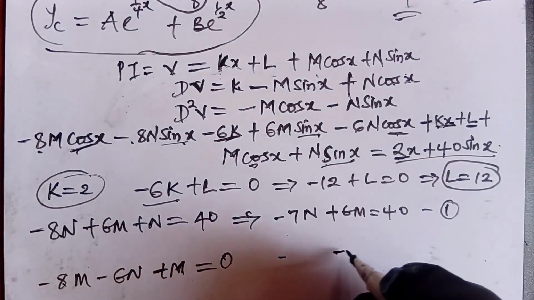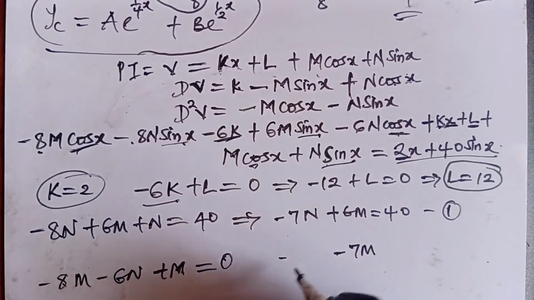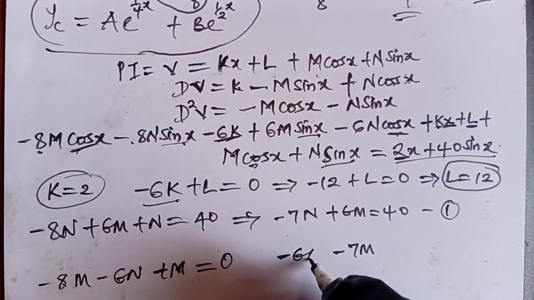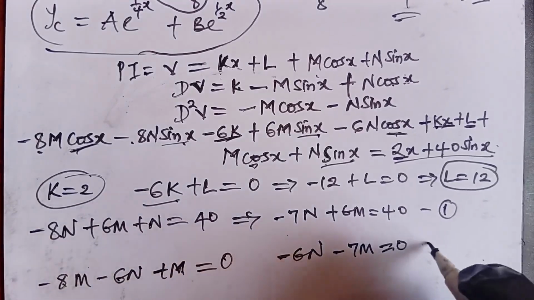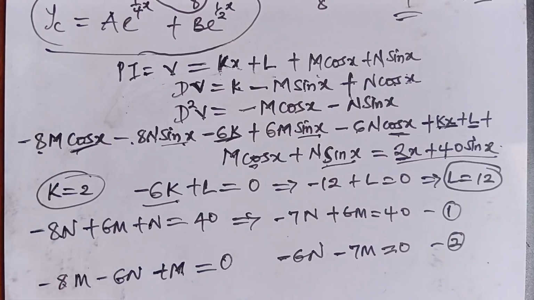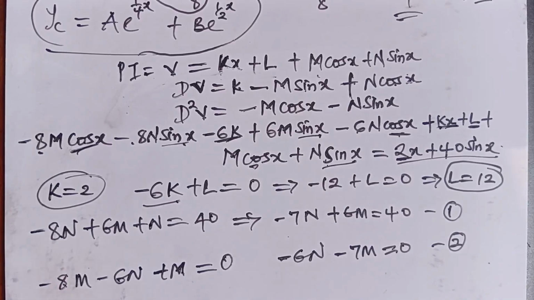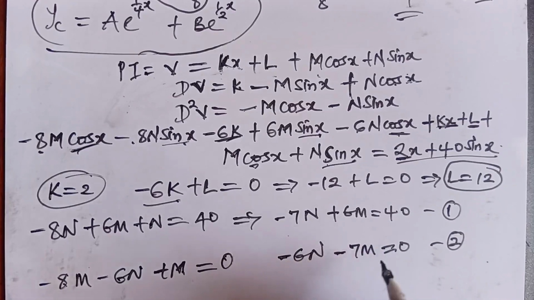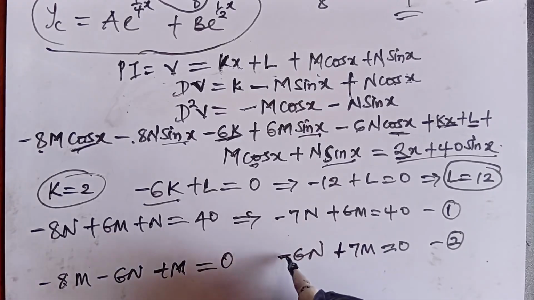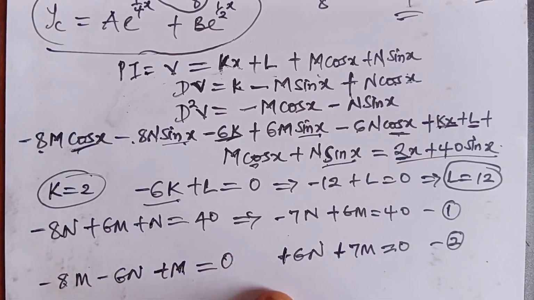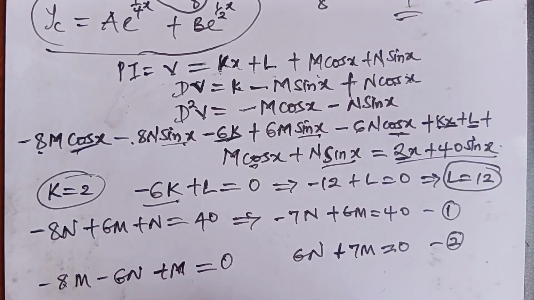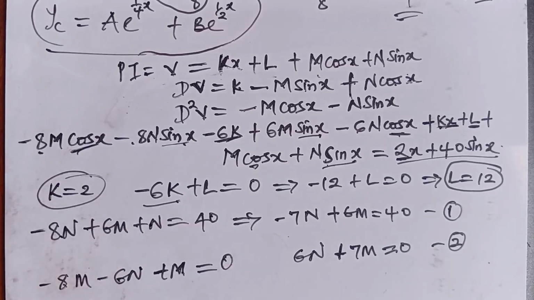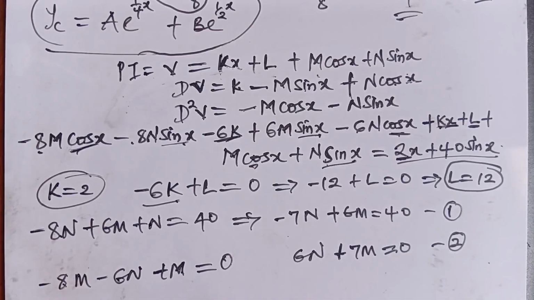So we have minus 7m, then minus 6n remains. Everything is equal to 0. Equation 2. As a matter of fact, if I divide through by minus, it gives me a plus, so the minus there is out.